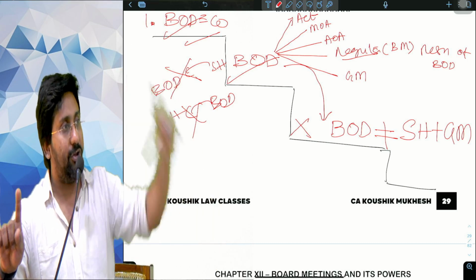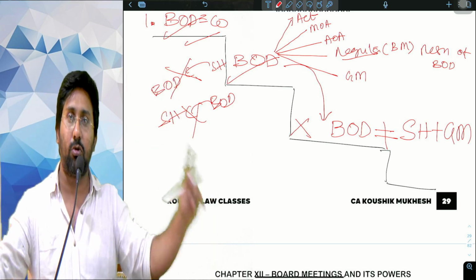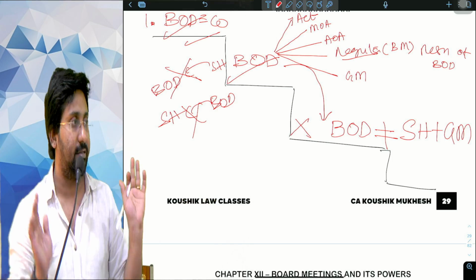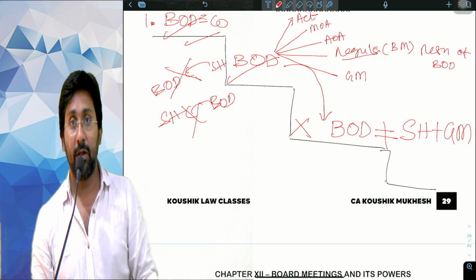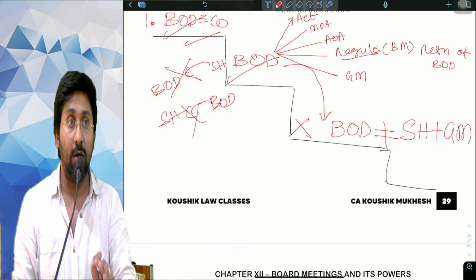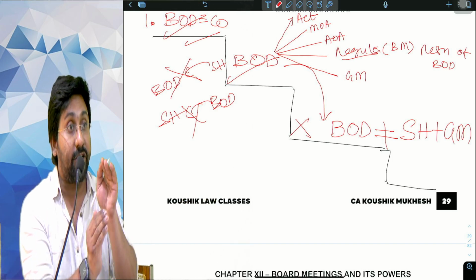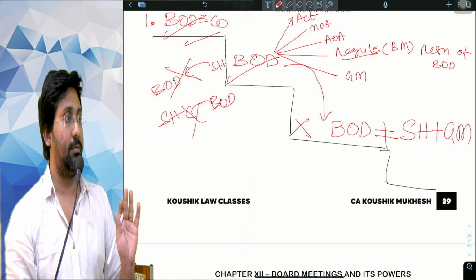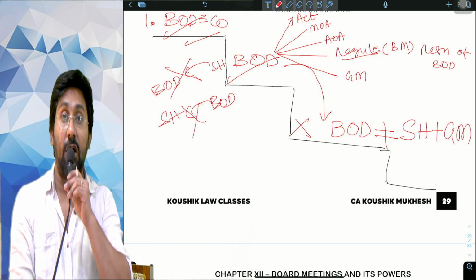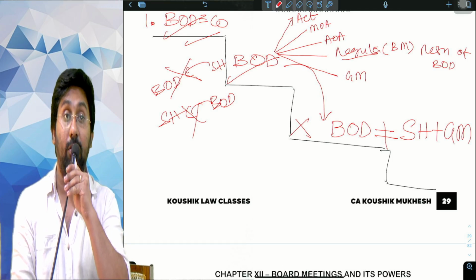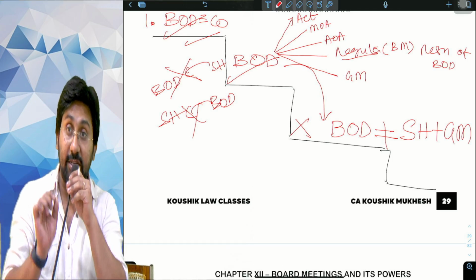Your powers are your powers, their powers are their powers. Don't exchange the powers. However, one thing shareholders can do: shareholders can put restrictions on board powers.